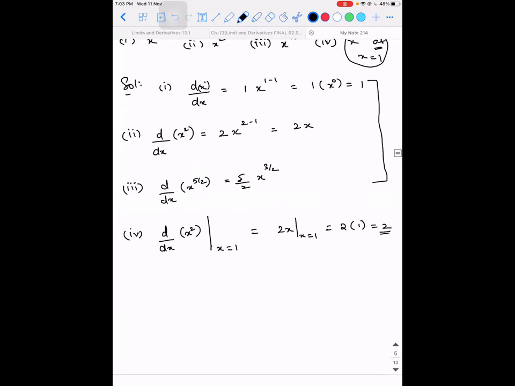Okay. Concentrate, guys. So if I take a graph, what shape does the function x square take? Y is equal to x square. Recollect from conic sections. Y is equal to x square is what?